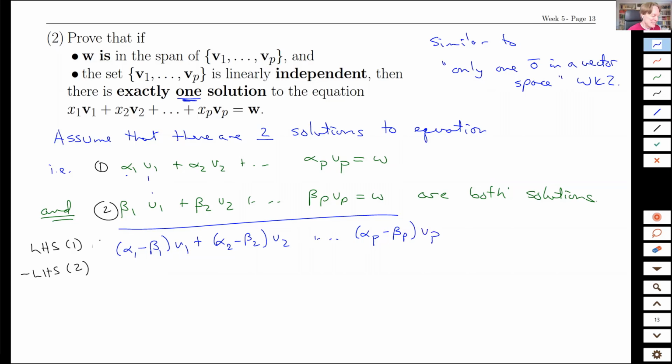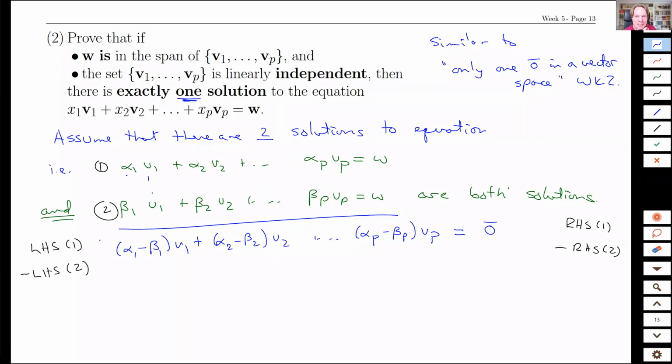Now the fun part is the right-hand side. We can take the right-hand side of equation 1 and subtract the right-hand side of equation 2, because that's just a vector minus another vector. Well, guess what that vector is when I take W minus W? That is the 0 vector for my space.